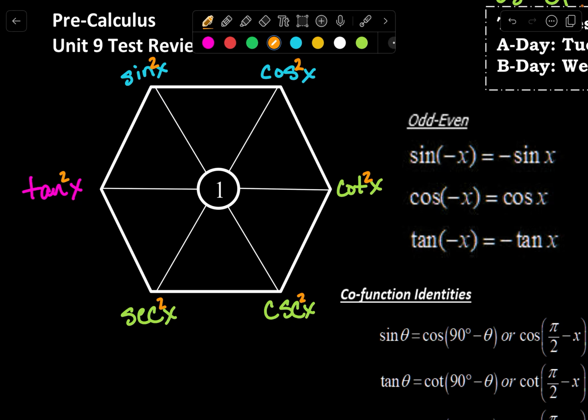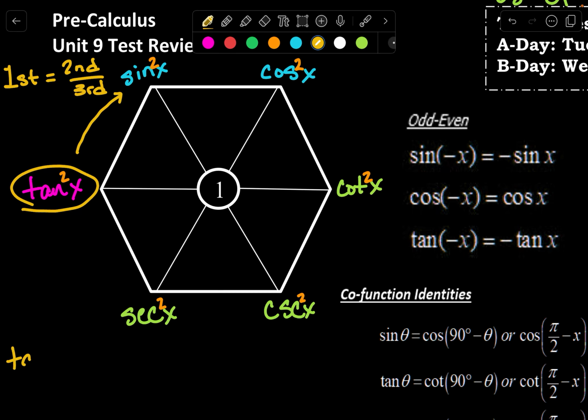So, biggest things to remember are that no matter where you start, the first thing equals the second over the third. So if I go this direction from tangent, okay, I could write tangent x equals sine divided by cosine.